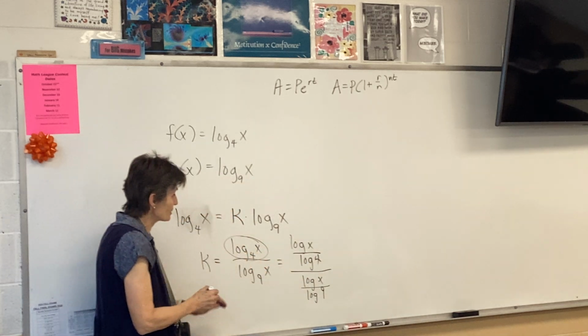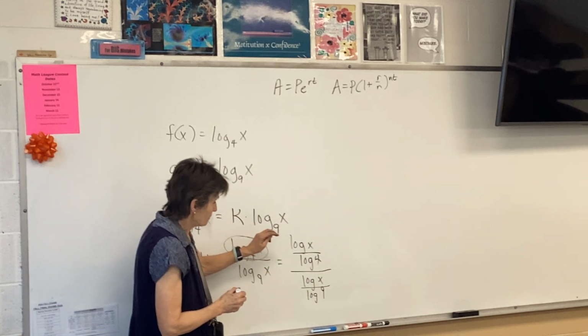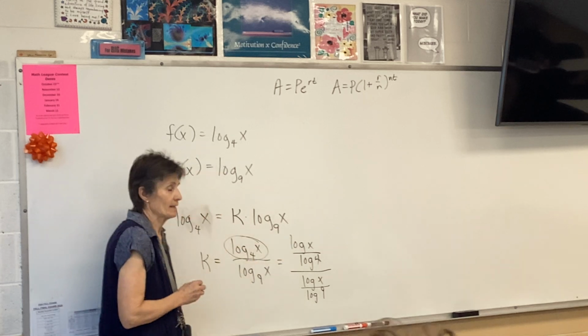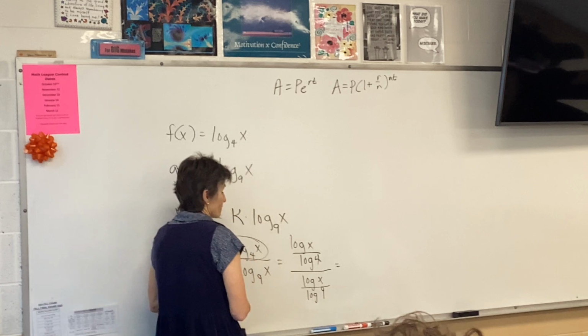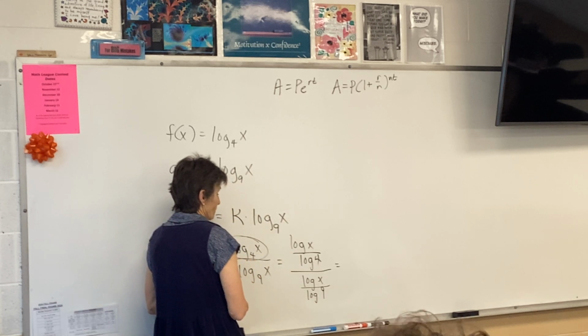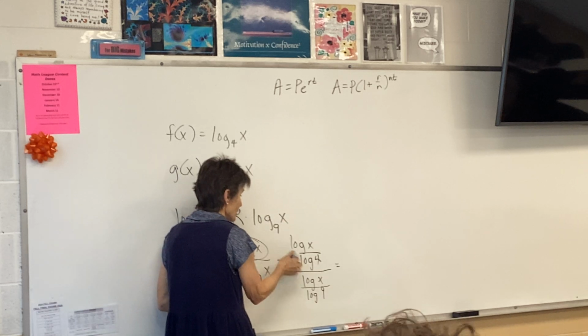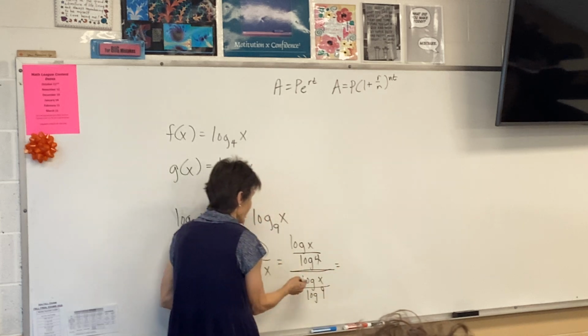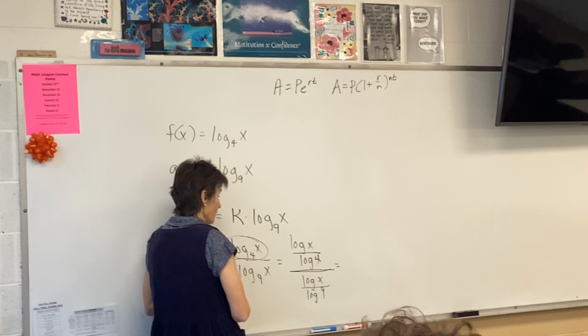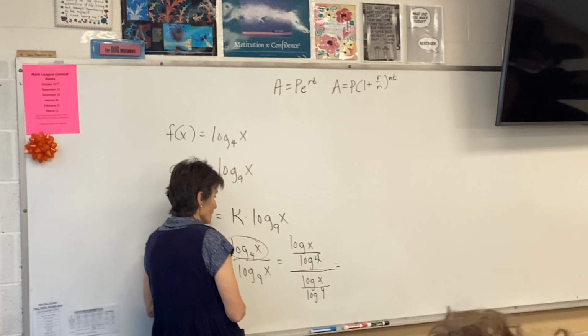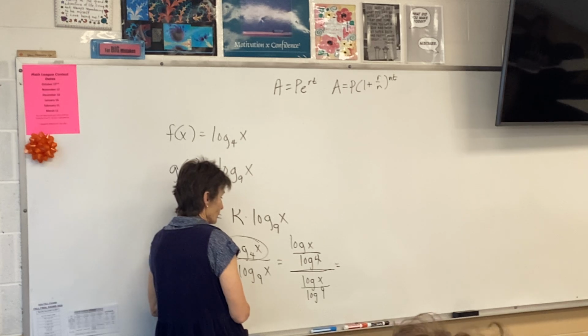What happens when you invert and multiply, let's say? What is that going to end up being? Kids, this is a fraction divided by a fraction. So what's going to happen? Keep, change, flip. 1 over log of 4 times log of 9 divided by 1.